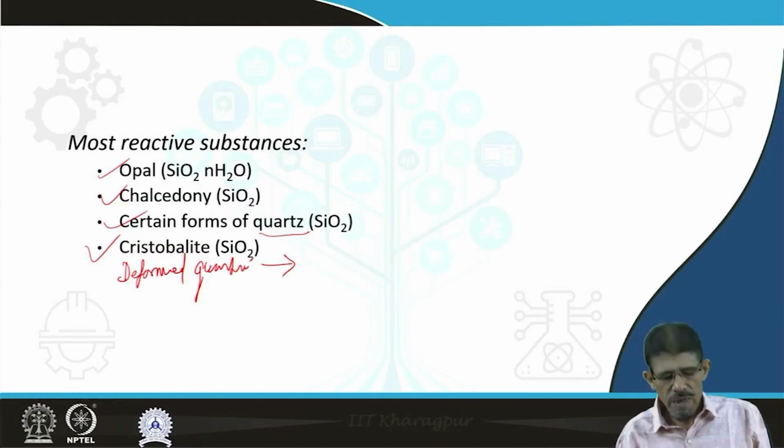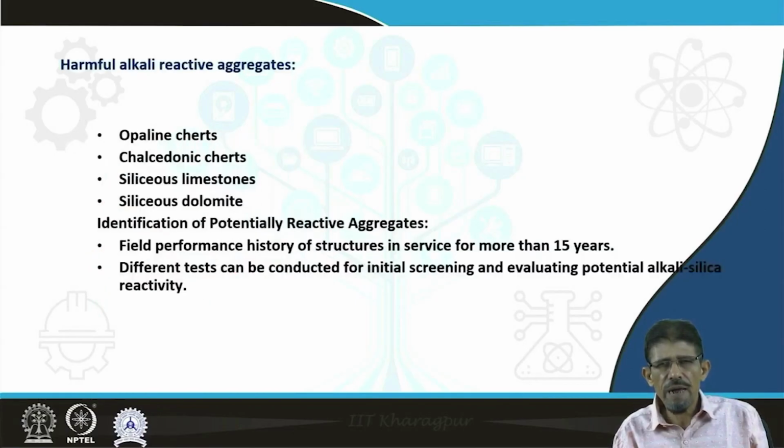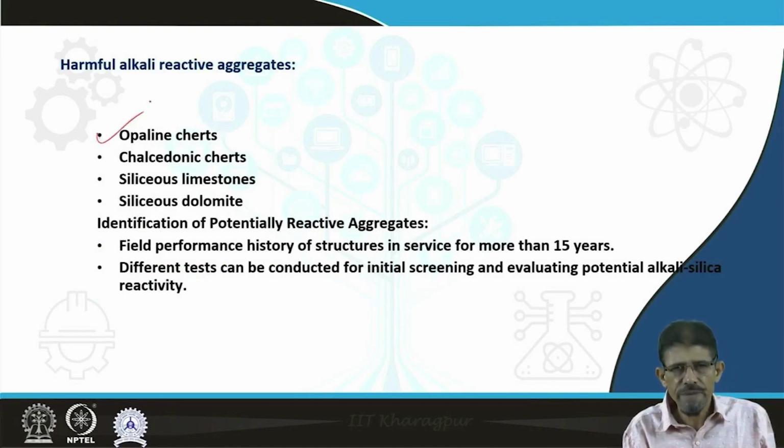These amorphous silica-containing materials are found in different types of rock like opaline chert, chalcedony chert, siliceous limestone and siliceous dolomitic limestone.